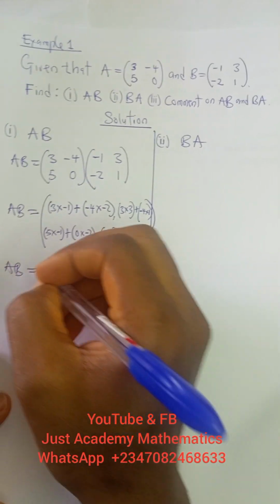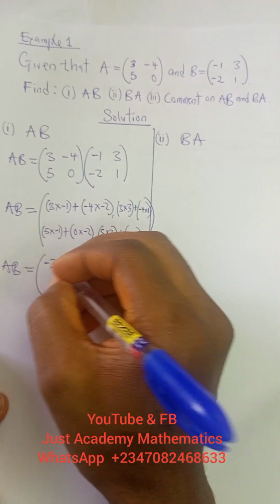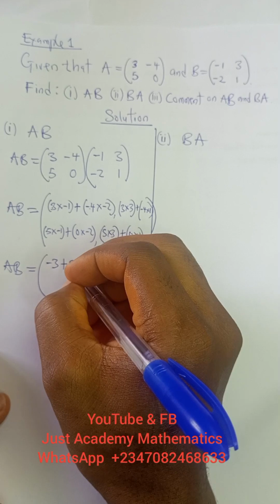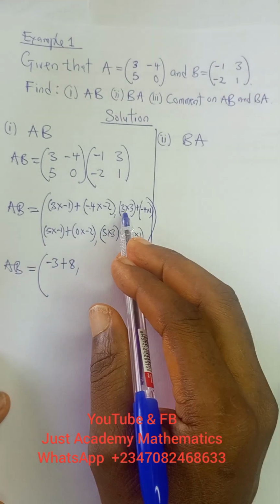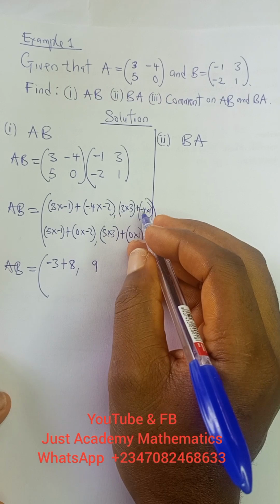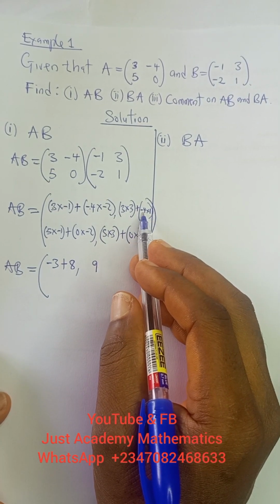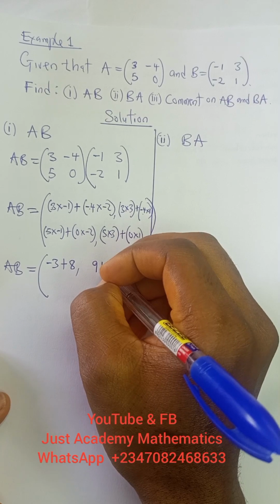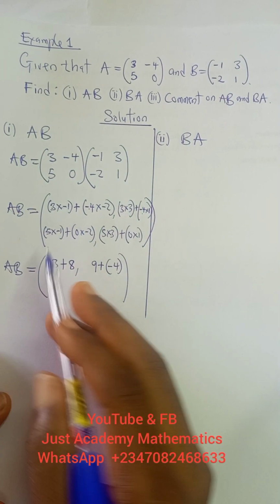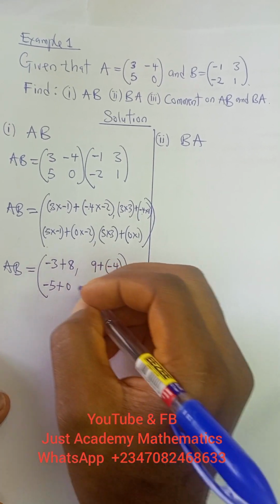So AB is equal to, what do we have now? 3 times minus 1 is minus 3 plus, this time this is what? 8. Then this 3 times 3 is what? 9 plus, look at this first. Minus 4 times 1 is minus 4. Then for here, we have minus 5 plus 0.